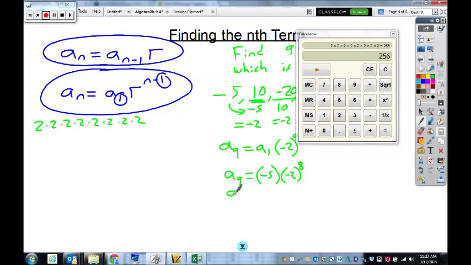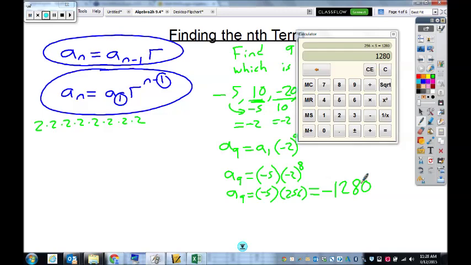So a sub 9 equals negative 5 times positive 256. So now I have a negative times a positive, so I know my answer is going to come out to be negative 256 times 5, 1,280.